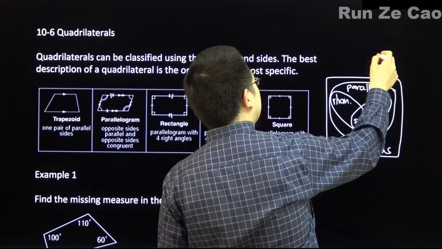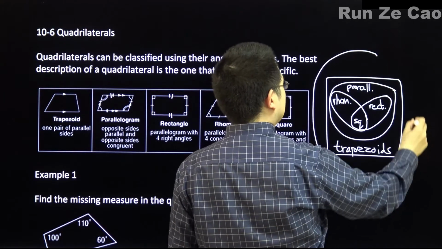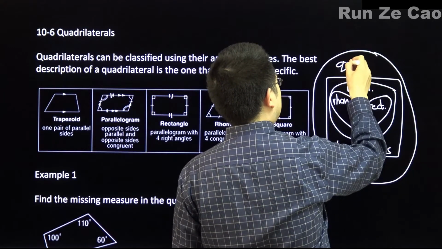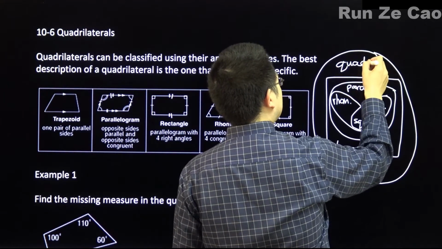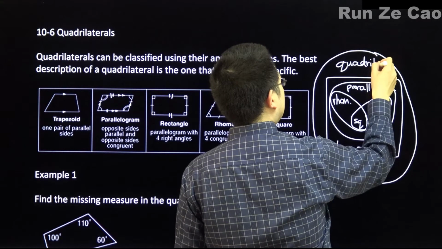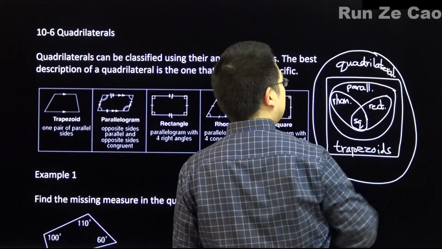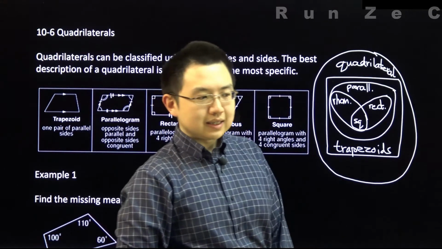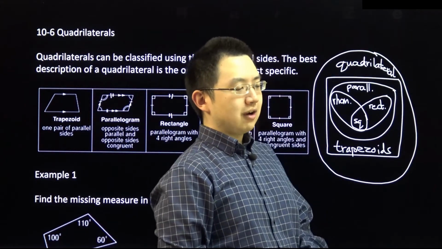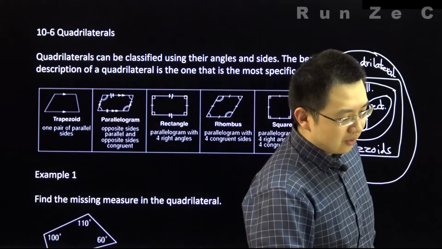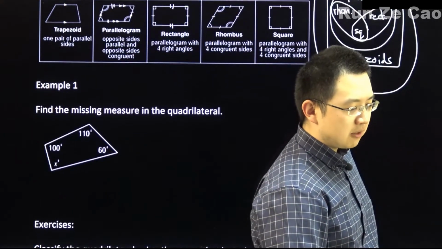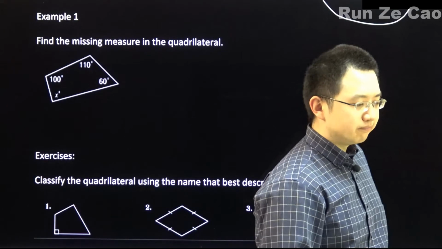And trapezoids are a type of quadrilateral. Quadrilateral. Lateral. Yeah, interesting Venn diagrams. Okay, find the missing measure in this quadrilateral.